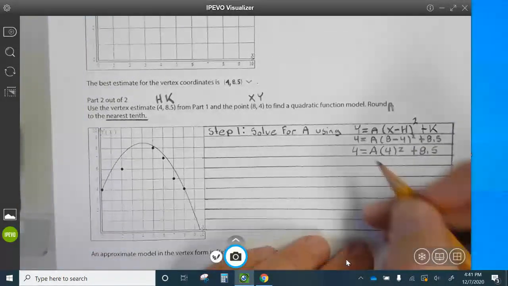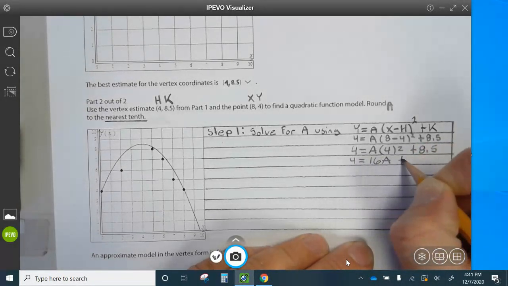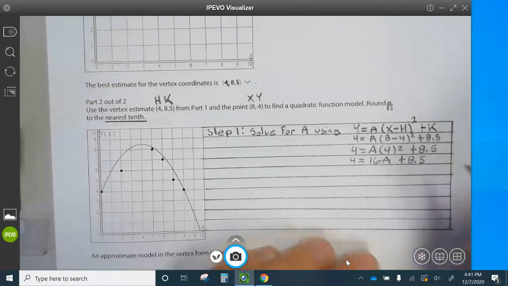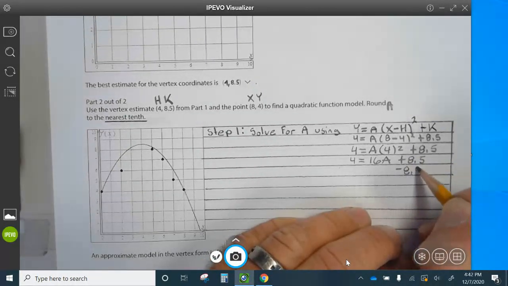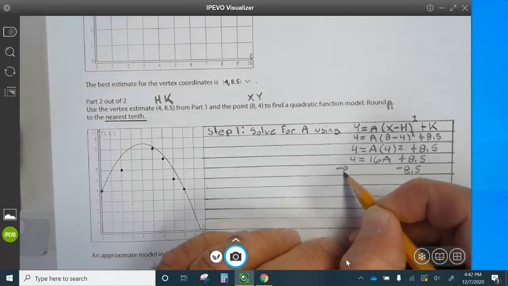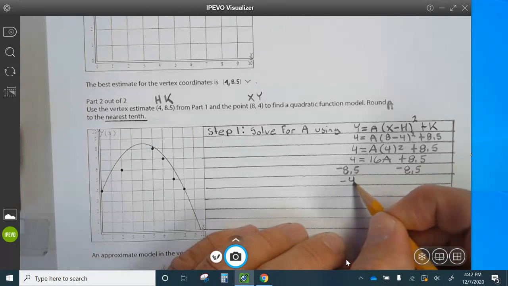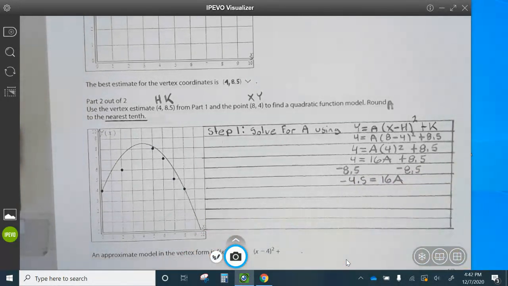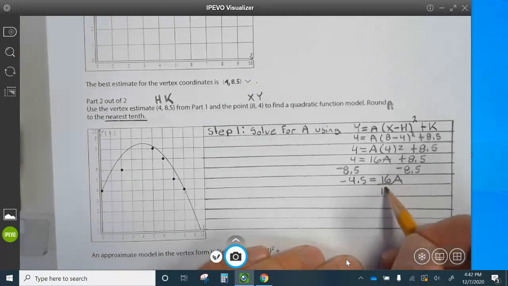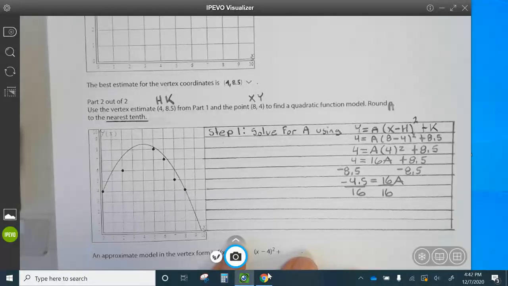Well, 4 squared is 16, so that's 4 equals 16A plus 8.5. We're going to subtract 8.5 from both sides. So 4 minus 8.5 is minus 4.5, which equals 16A. Divide both sides by 16.